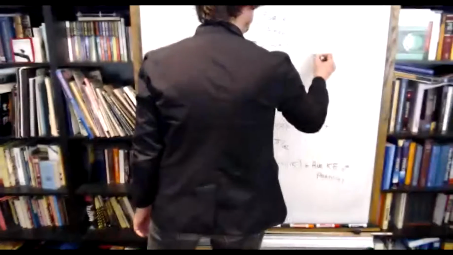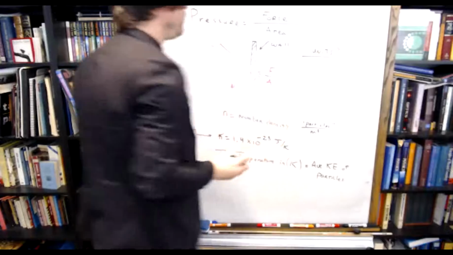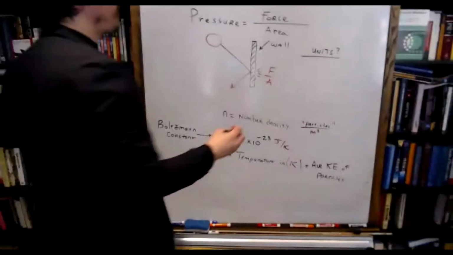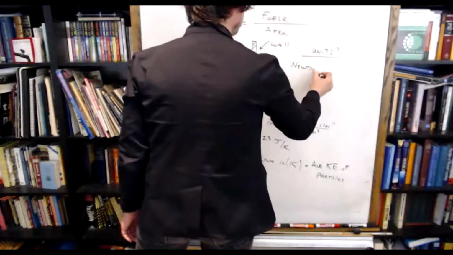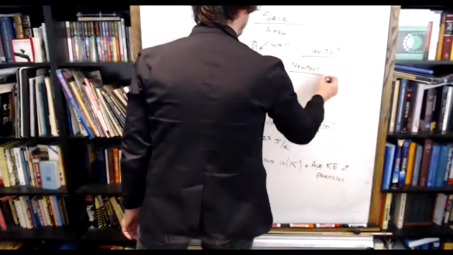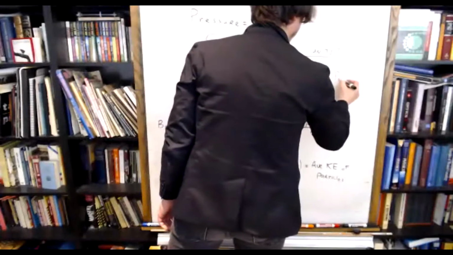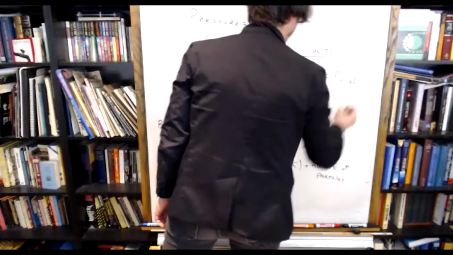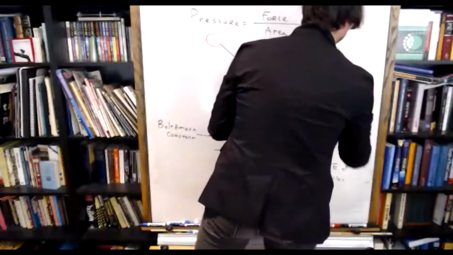Now let's think about the units of pressure. In the MKS system, forces are measured in newtons, and area is measured in square meters. And a Newton per meter squared is defined as a Pascal. Let me try to write that a little neater for you guys.